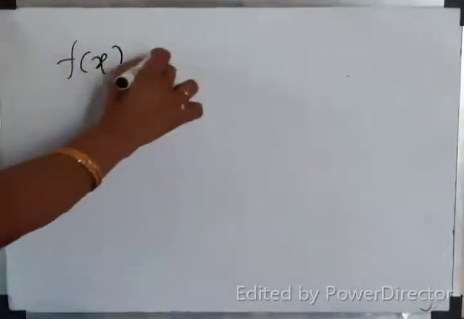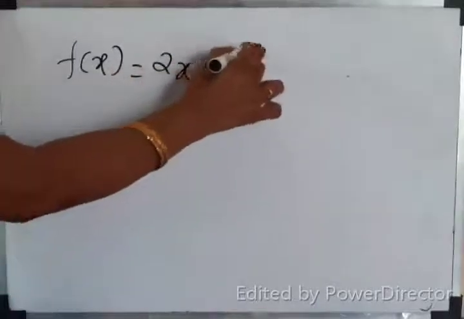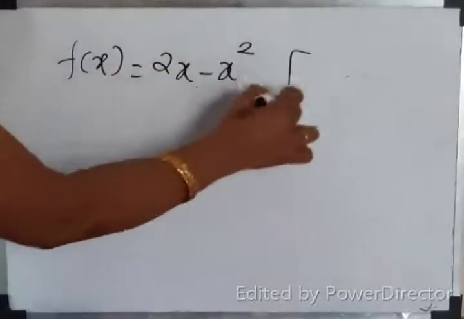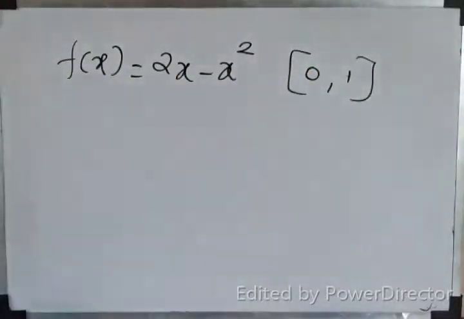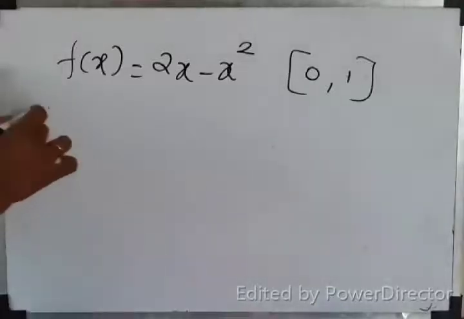Chapter 10. f of x equal to 2x minus x squared in the closed interval 0, 1. Actually, this question is Lagrange's mean value theorem. Verify Lagrange's mean value theorem for the function f of x equal to 2x minus x squared.